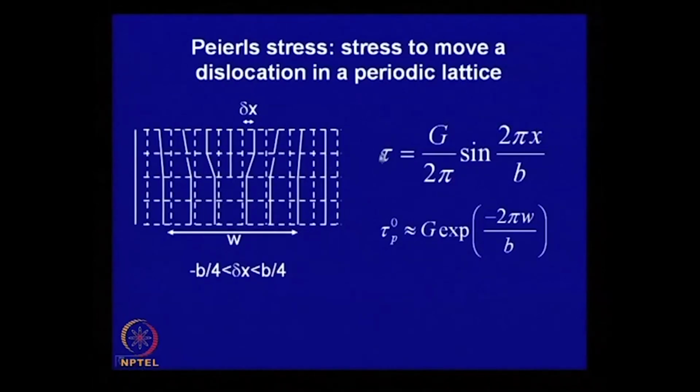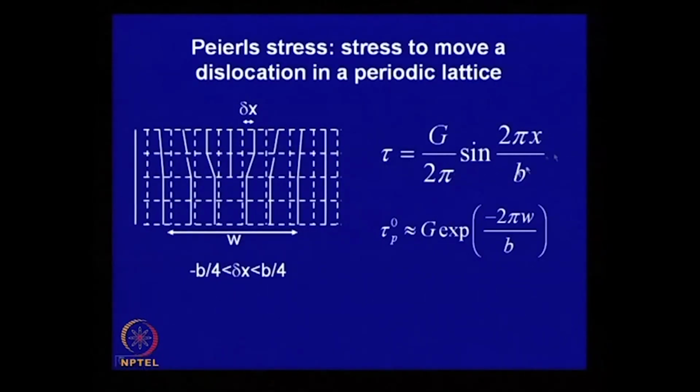We use the same approximation that, to calculate the strength of an ideal crystal, we have seen that tau equals G over 2 pi times sin 2 pi x over b. If you look at that shear stress, there are certain positions of equilibrium at b by 2. When you displace it slightly, it still tries to come back, but when it goes close to halfway, then it is a stable configuration.